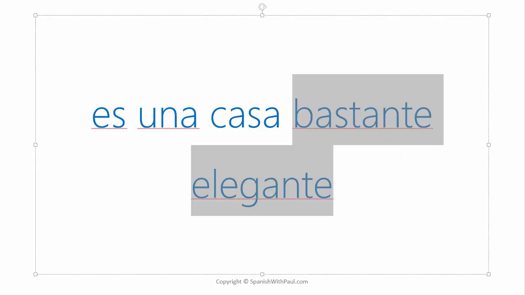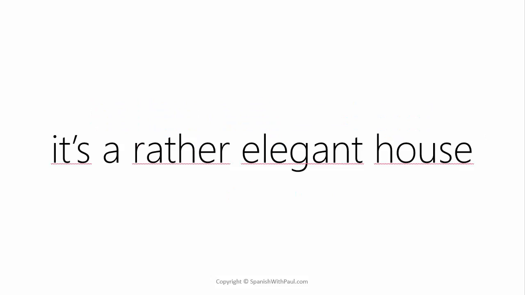Es una casa bastante elegante. If it caught you out, don't worry too much about it because I really didn't explain that to you before. But I want to make this point now because it is extremely important when you're speaking Spanish that you have this order of words in order to make your Spanish sound natural.